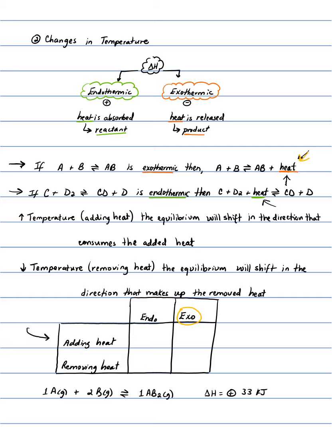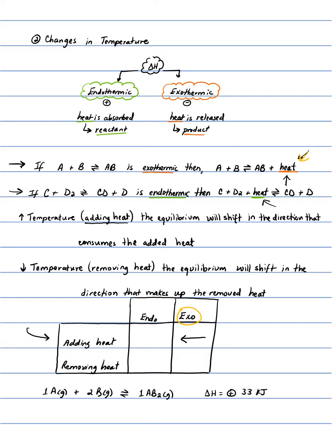Increasing or adding will shift the equilibrium in the opposite direction, right? To use up that amount of heat that is being added, the equilibrium will be shifted towards the reactant side.